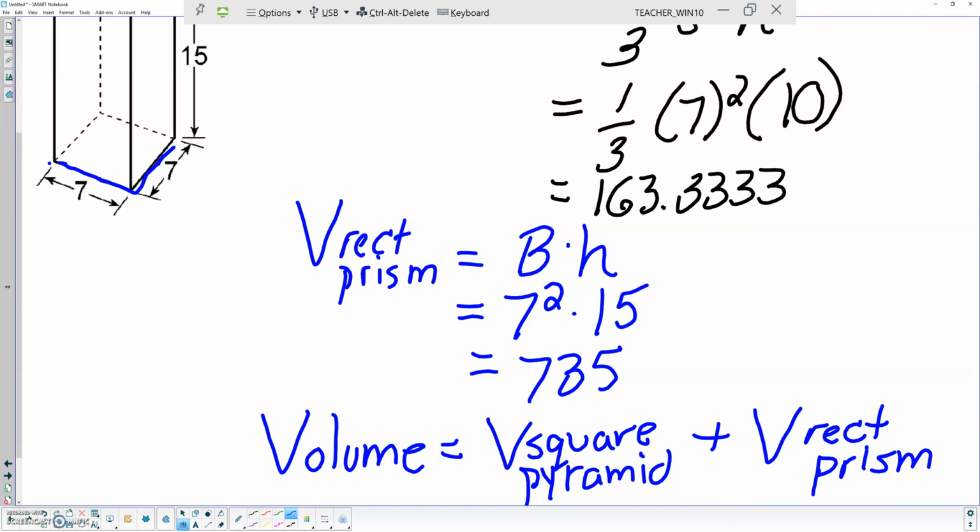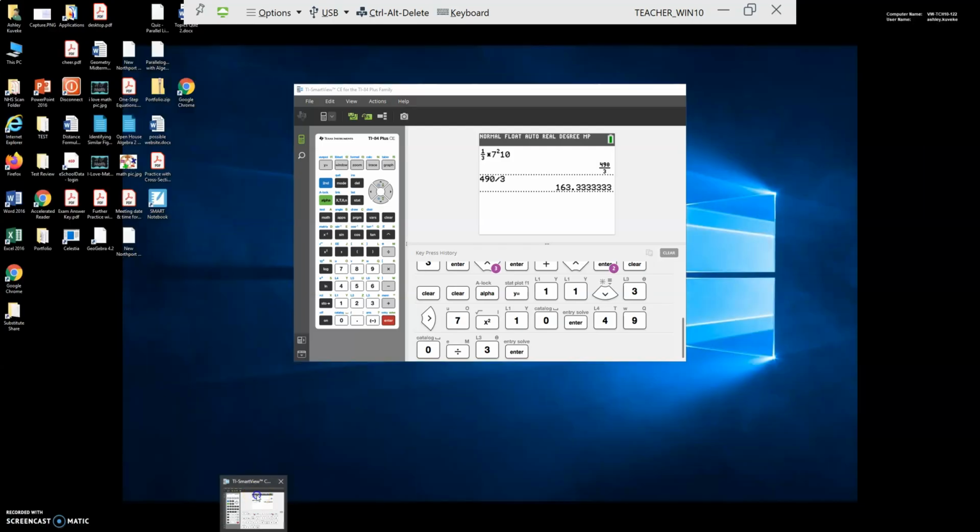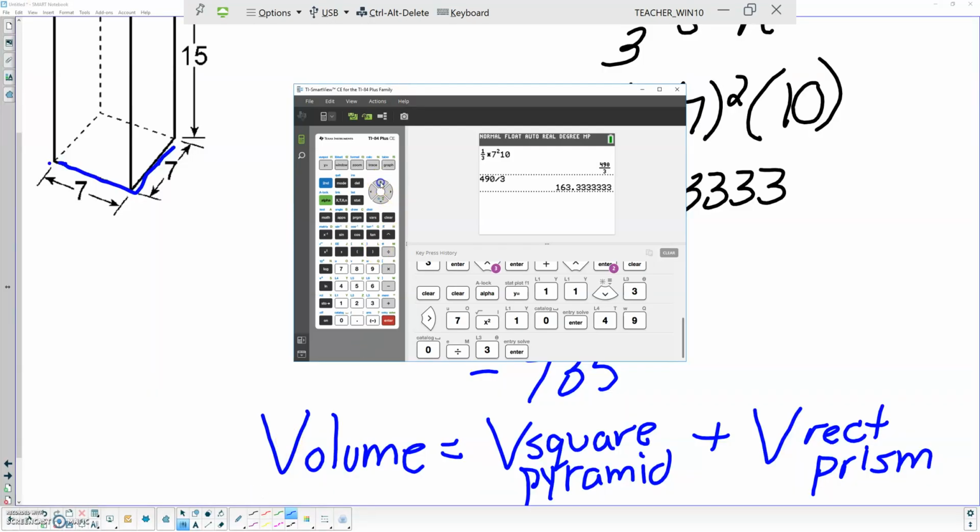I'm going to go back to my calculator, take that previous answer for the volume of the square pyramid, and add it to the volume of the rectangular prism, which was 735. That gives us an answer of 898.33.